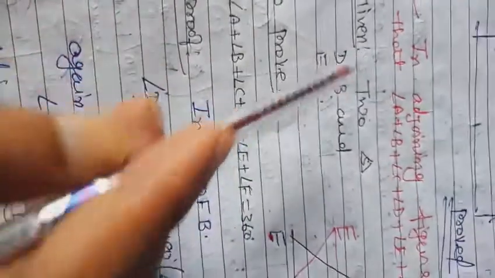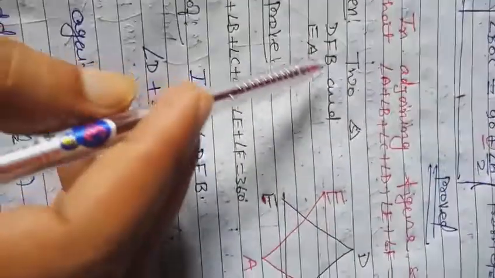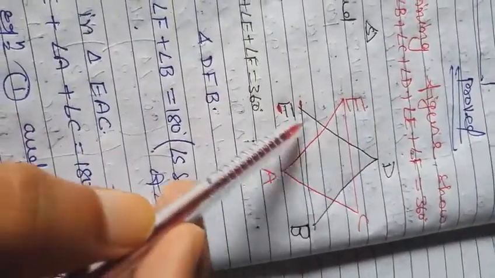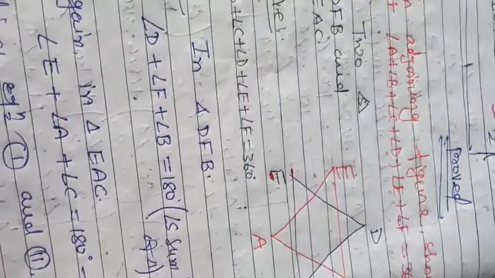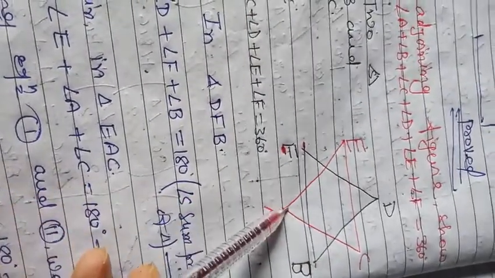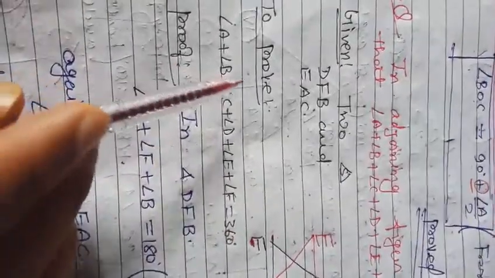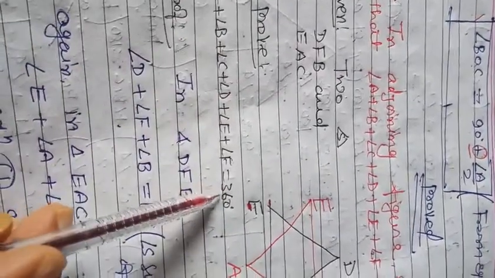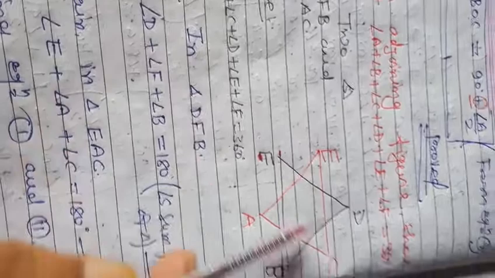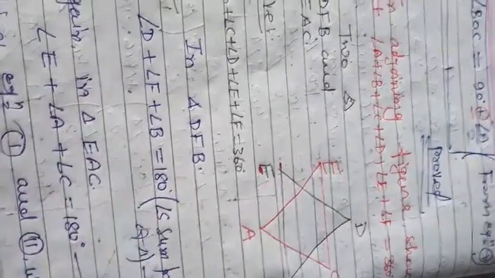Here two triangles are given: DFB and EAC. Then prove that the sum of their vertices is equal to 360 degree.